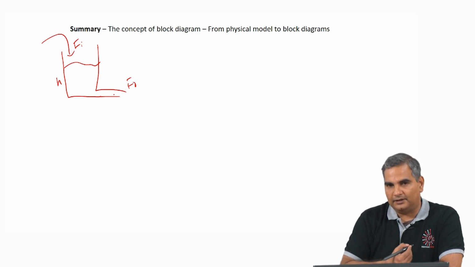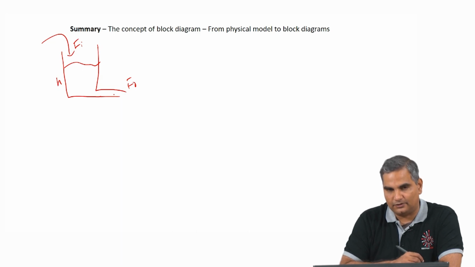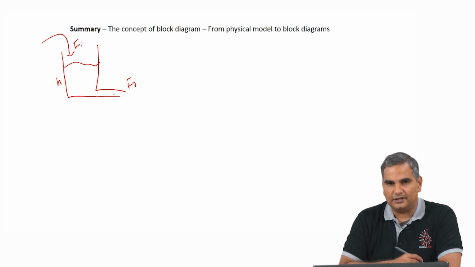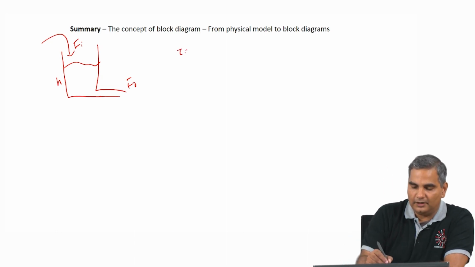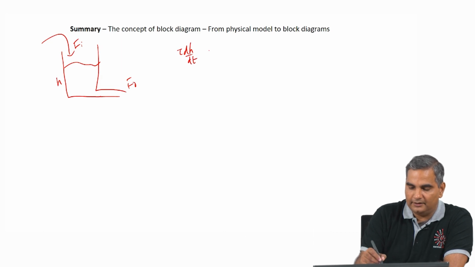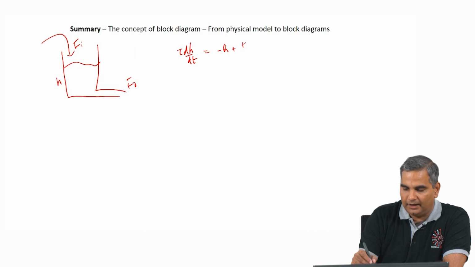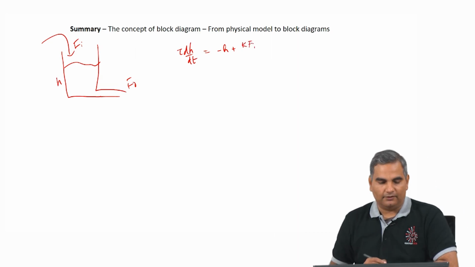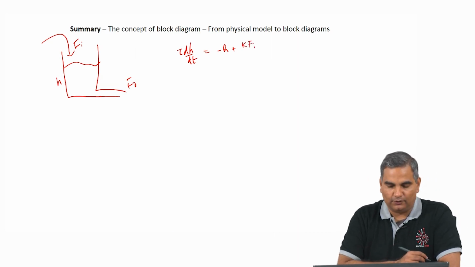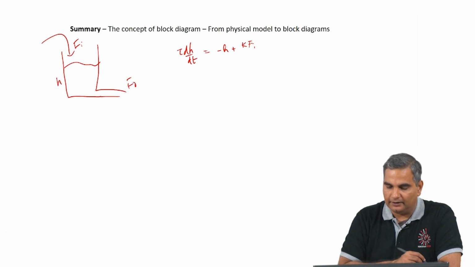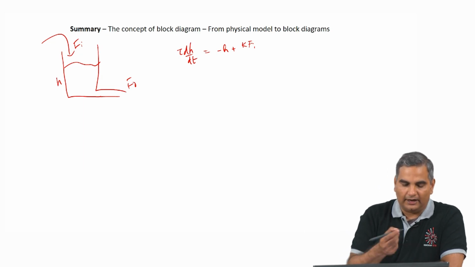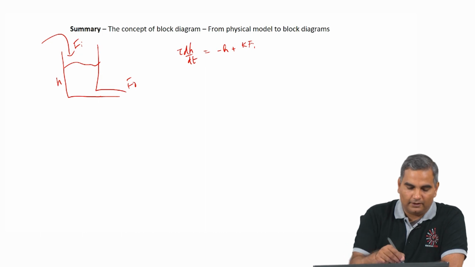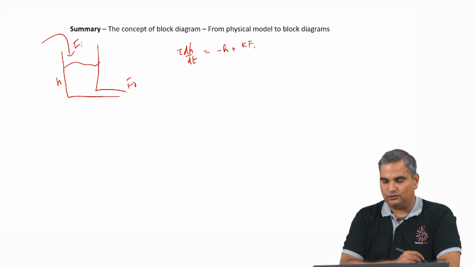So, we basically wrote fundamental conservation equations, constitutive relationships and so on for this, and then we got to a differential equation of this form: tau dh by dt equal to minus h plus some k fi, where fi, if I assume, is the inlet flow rate and that is what is here. And then you also had a relationship between the outlet flow rate f naught and h and so on.